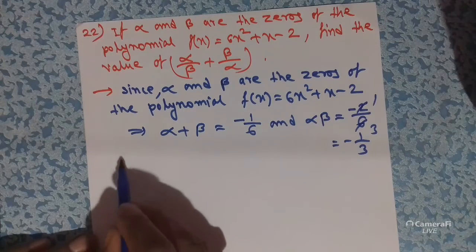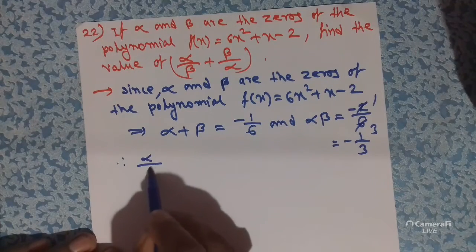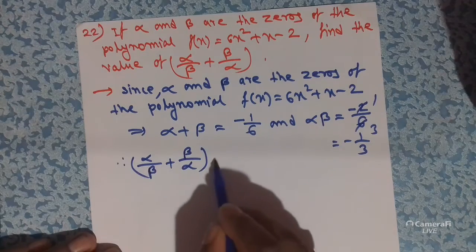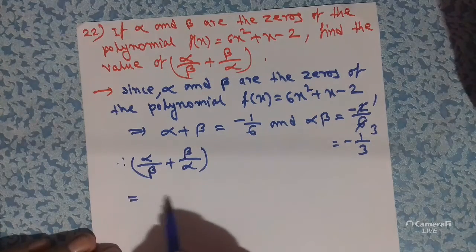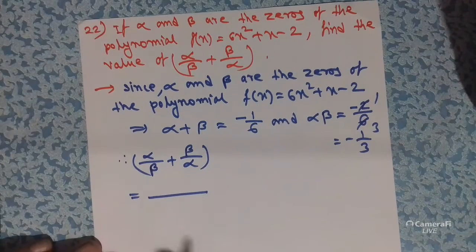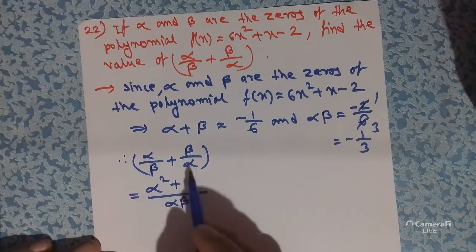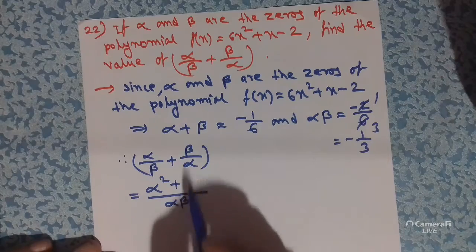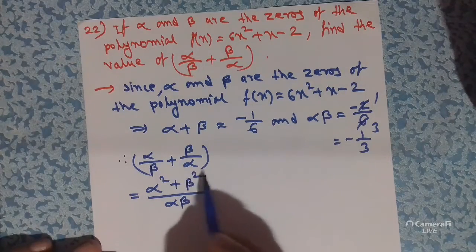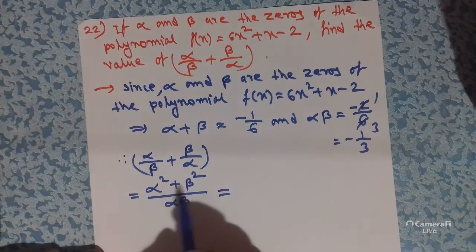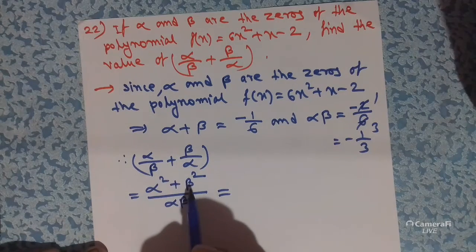Now we have to find the value of alpha by beta plus beta by alpha. Now find the LCM of these two, so it will be alpha beta. So beta beta is matched, so alpha into alpha is alpha square, and alpha alpha is matched, so beta into beta is beta square. So it is equal to alpha square plus beta square divided by alpha beta.